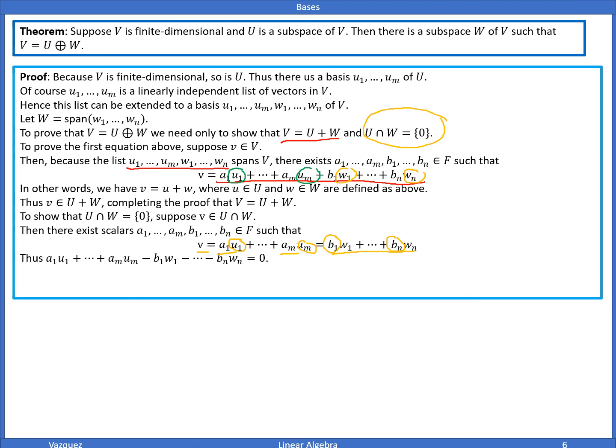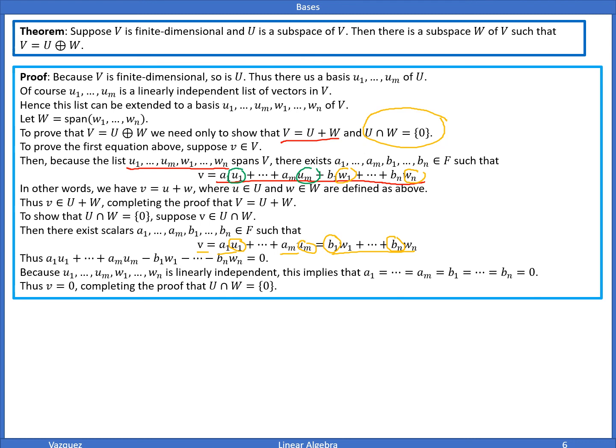Then we can subtract those two linear combinations to equal 0, since they're equal to each other. And because u1 to um and w1 to wn is linearly independent, it implies that all the a's and all the b's have to be 0, by definition of linearly independent. Therefore, v is the zero vector, completing the proof that their intersection is only the zero vector.